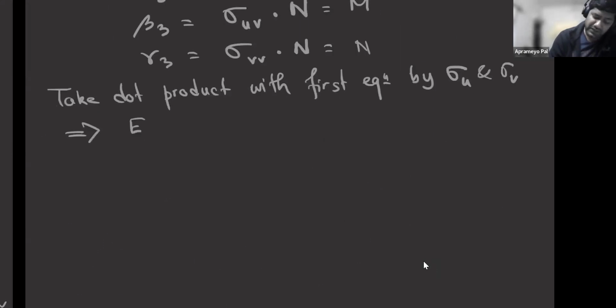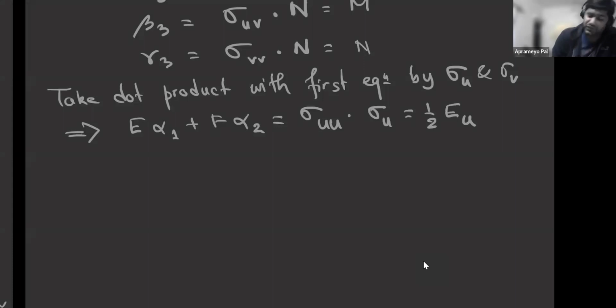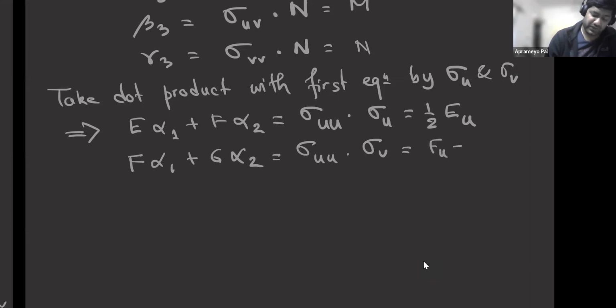So you get E times alpha 1 plus F times alpha 2, which is sigma u dot sigma u, which is half E_u. And similarly, if you take the dot product with sigma v, then you get F alpha 1 plus G alpha 2, which is sigma u dot sigma v, which you can compute as F_u minus half E_v.